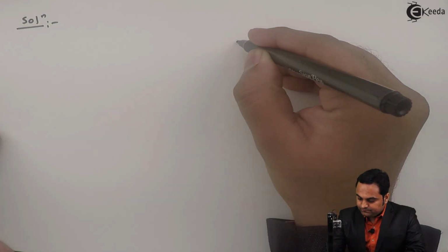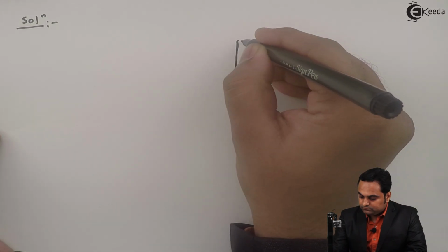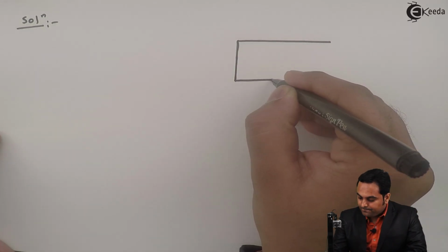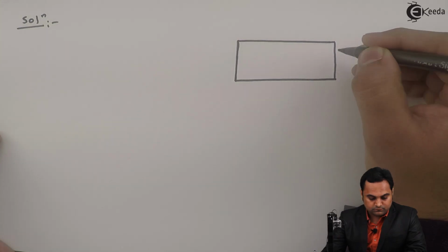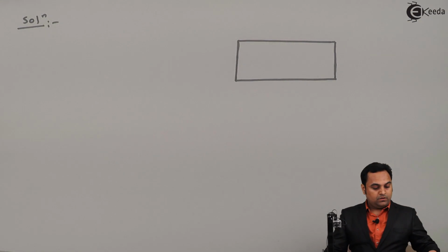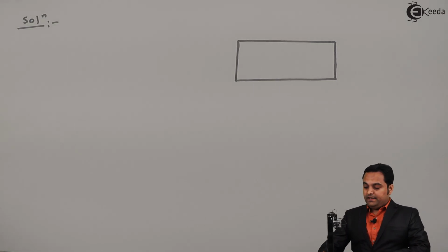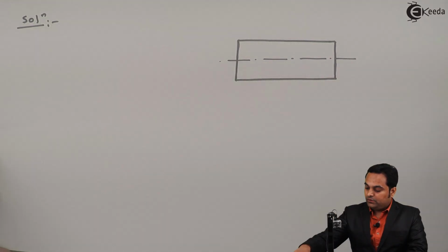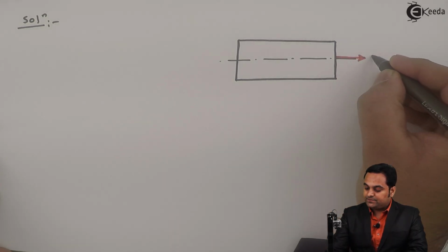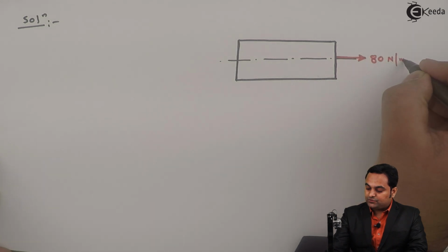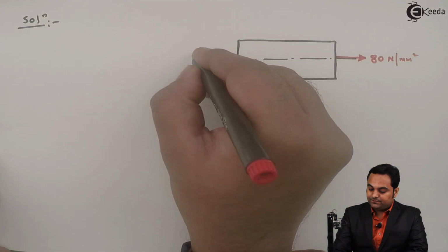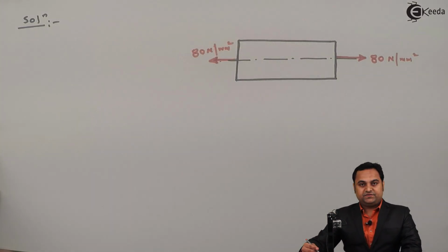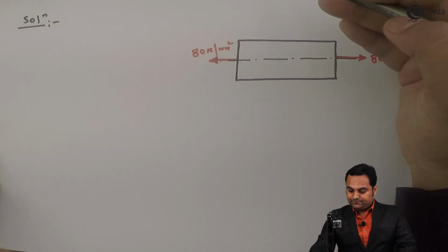Now in the solution, I'll draw the diagram first. Since they have given 80 megapascal as the stress along x direction and it is of tensile nature, first I'll denote the tensile stress as 80 Newton per mm square having tensile nature, and there is compressive stress along the vertical axis.